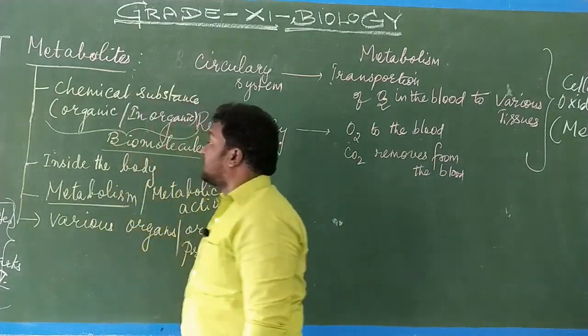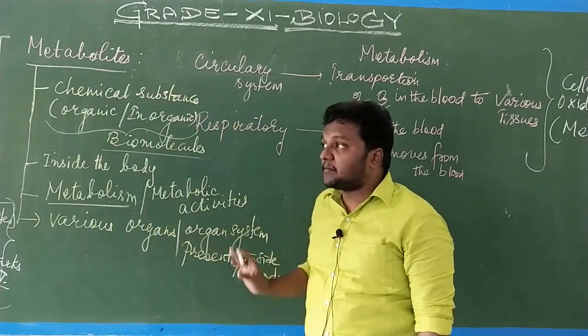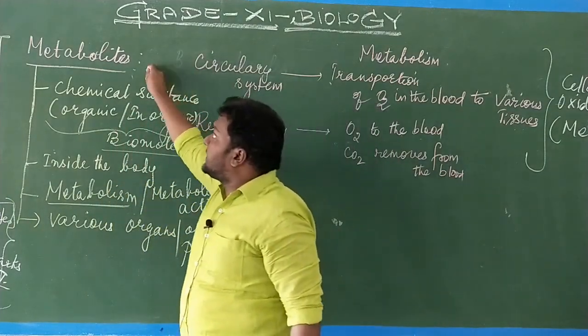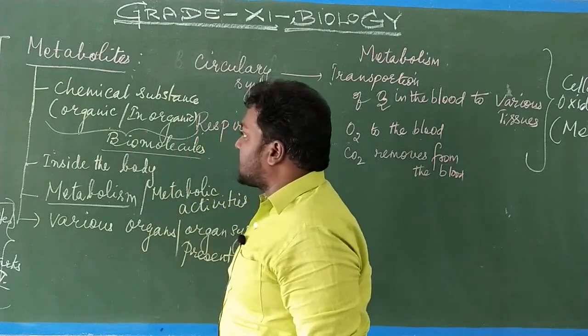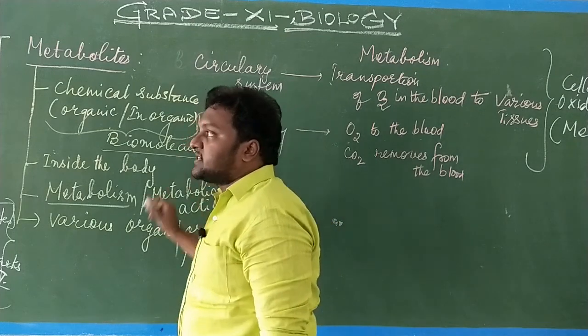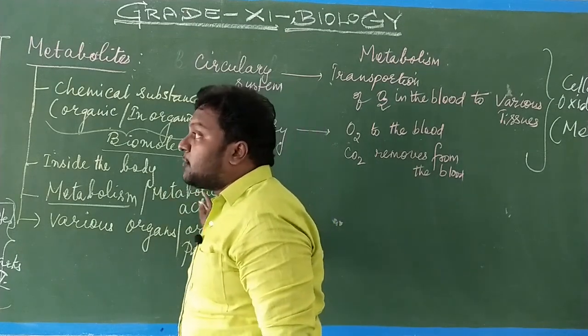These are called what? Metabolites. So, have you understood what metabolites are? A metabolite is a chemical substance, a biomolecule. Either it can be organic or inorganic, which is being produced inside the body as a result of metabolic activities.